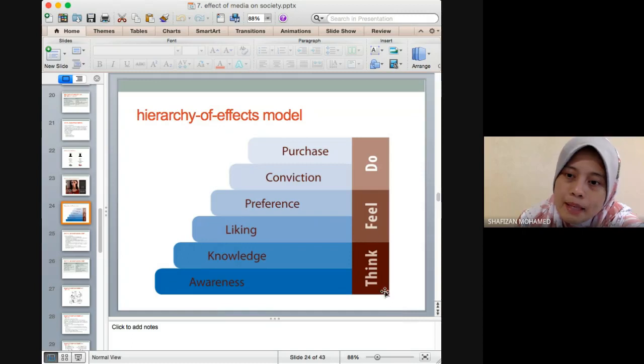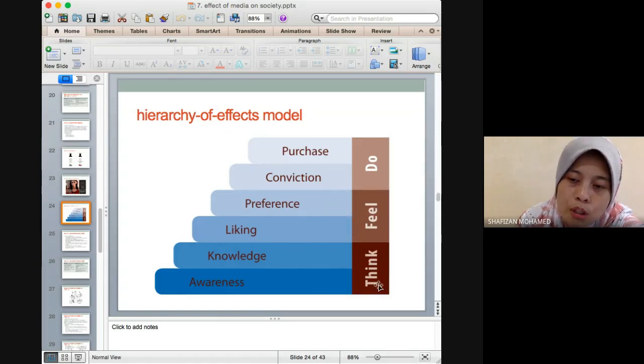That means you provide the awareness and knowledge first. Like when they have a new movie coming out, they provide you with teasers, right? Then these teasers will give you information that there's a new movie coming out, and they will think about the movie. And later on, they provide you with trailers, with interviews. There are 4 or 5 trailers.